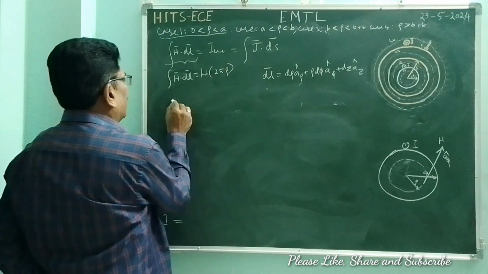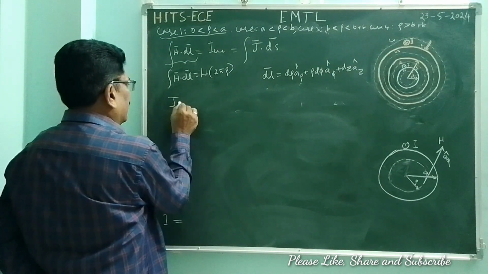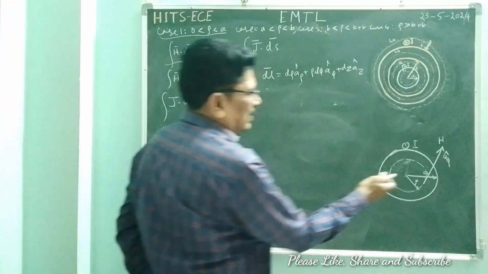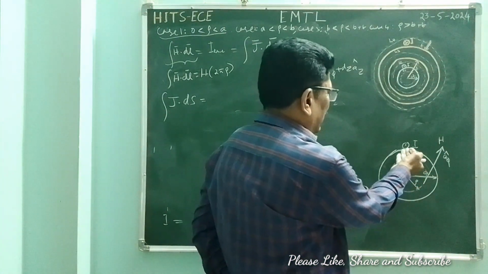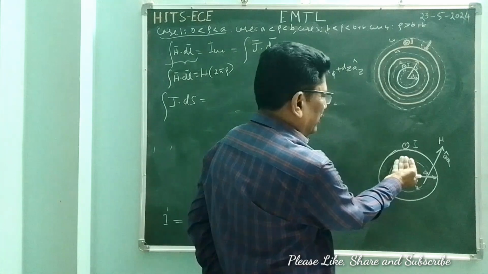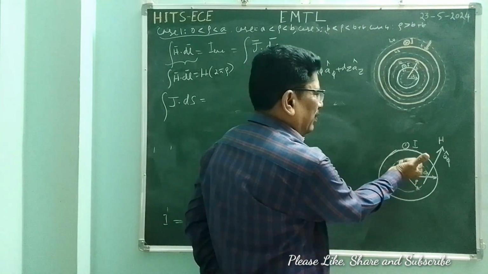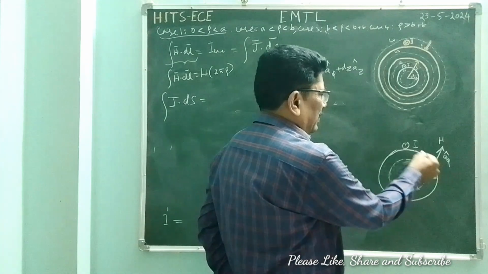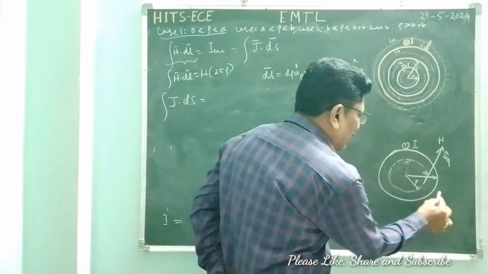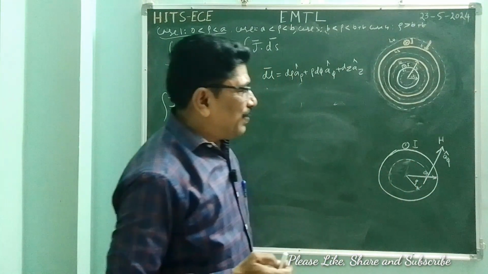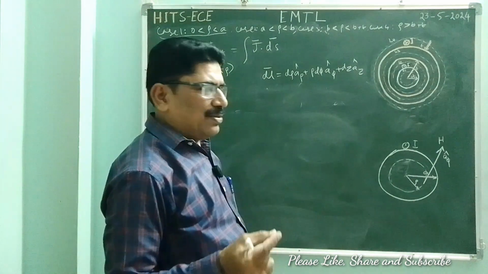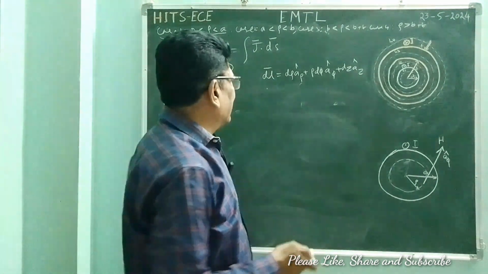Now let us find out J dot ds. What is J? Look at the board. The current will be flowing in this direction. And what is the area of cross section? The area of cross section is pi a square, the total area of this circle. So current divided by area of cross section gives the current density.